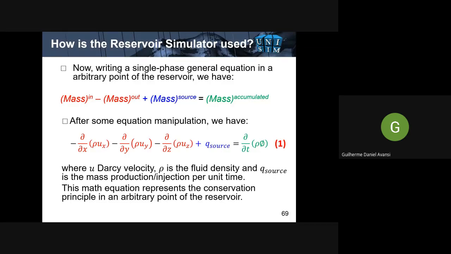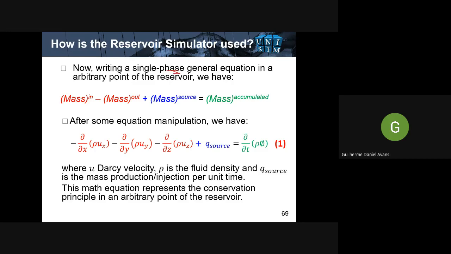This is the Darcy velocity here. This is the fluid density. Fluid density multiplied by the porosity here. And this q source is the mass production or injection per unit of time. So this equation represents the conservation principle in any point of the reservoir, just using a single phase.